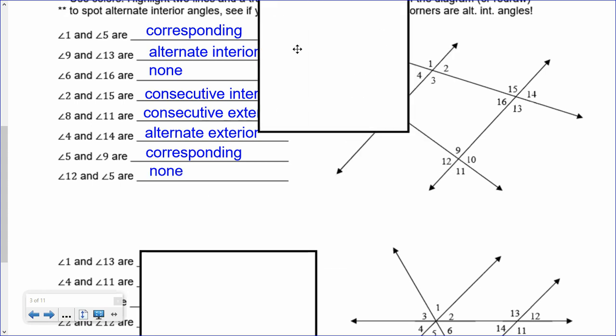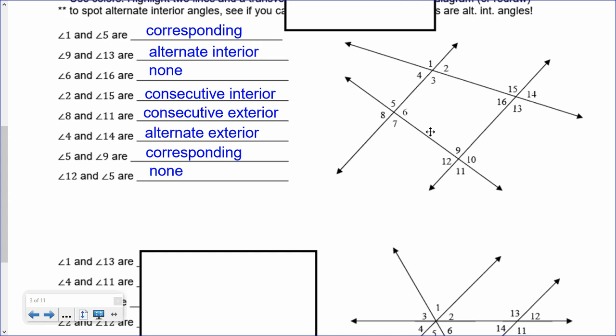So angle 12 and angle 5, even though they do have that same resting line, that same transversal, they don't have a relationship because one is exterior, one's interior, but they're not aligned properly. I know that for corresponding, one of them is exterior and one of them is interior, but they're both on the same side of the transversal, which makes them corresponding. If they're on different sides of the transversal and one's inside, one's outside, that's not a relationship.